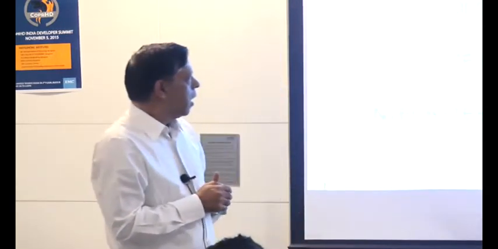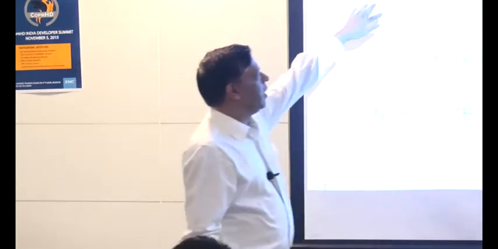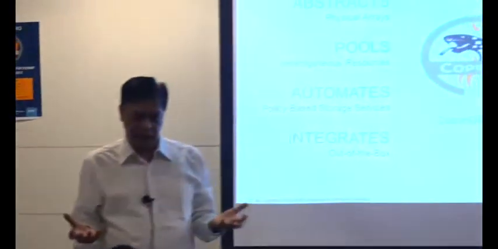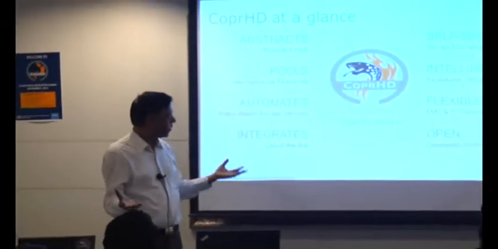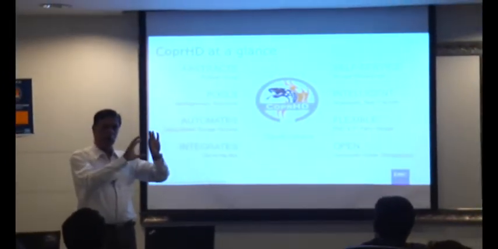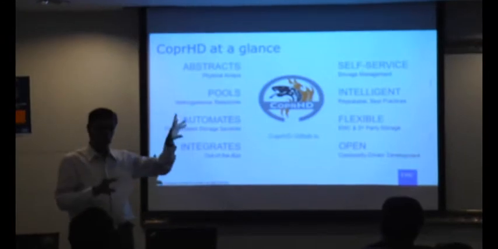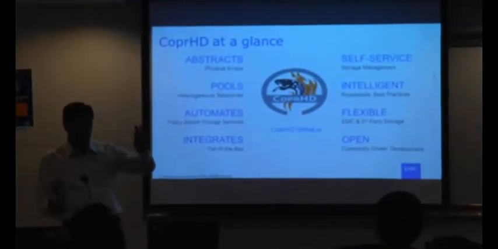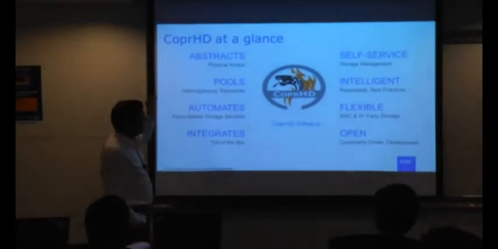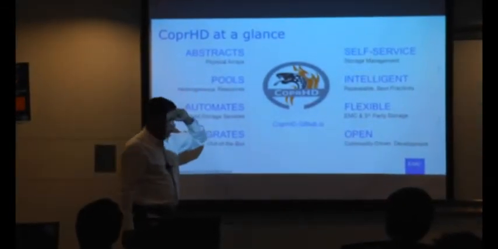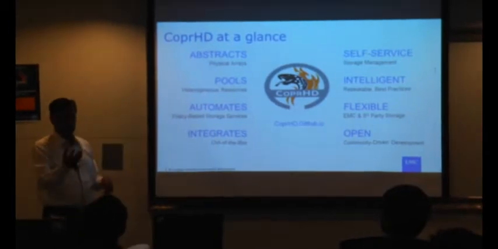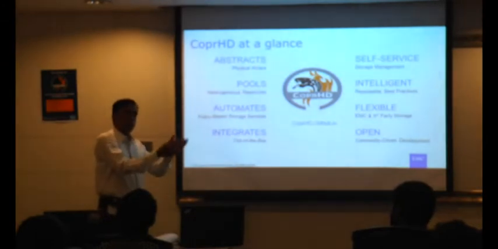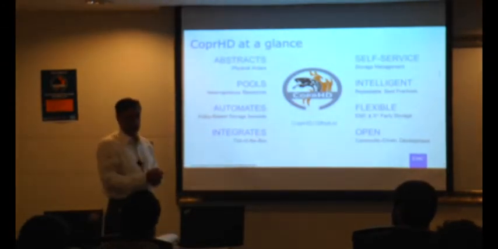Okay, another thing, abstraction, I have defined. When we do abstraction of storage resources into the world of storage, two things are important. One is arrays, which we have already seen: what are our storage arrays? The second thing is pools. A pool is basically a pool of memory provided to you.